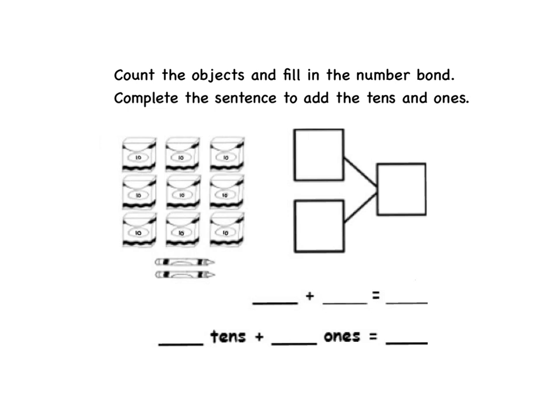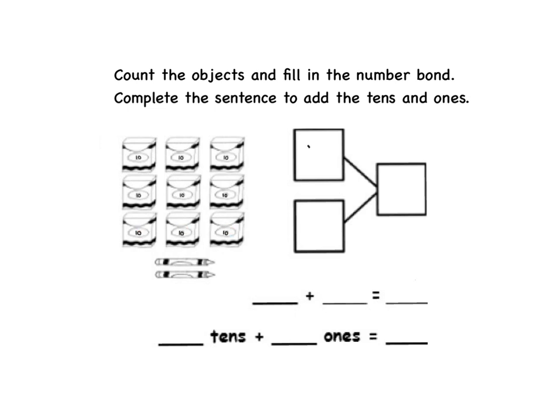So let's count our boxes of crayons, or our 10 bundles. We have 1, 2, 3, 4, 5, 6, 7, 8, 9. We can also look at this as 10, 20, 30, 40, 50, 60, 70, 80, 90.